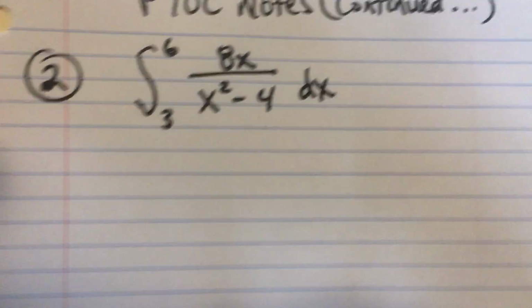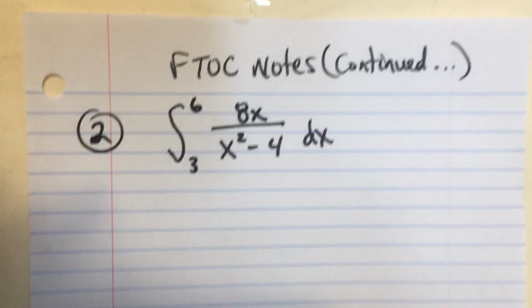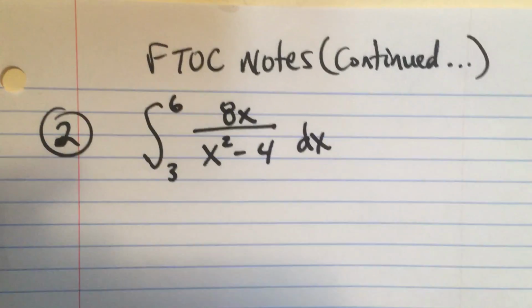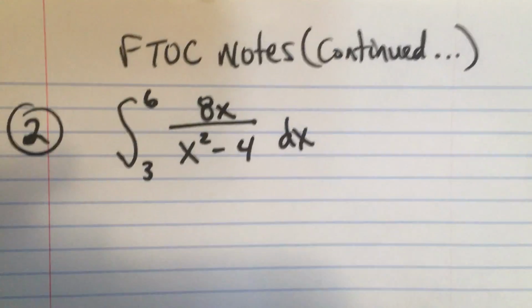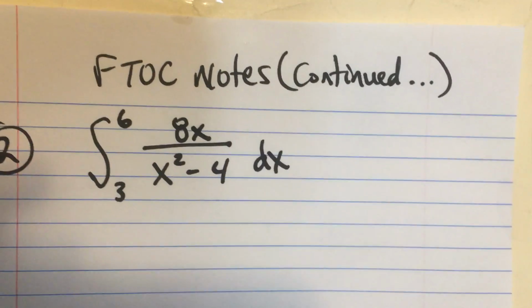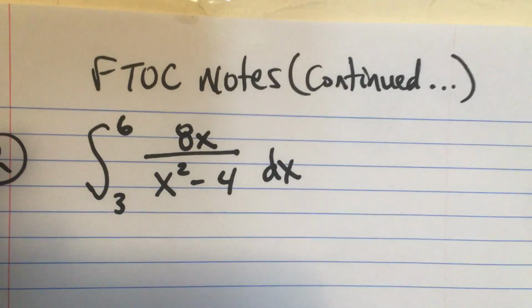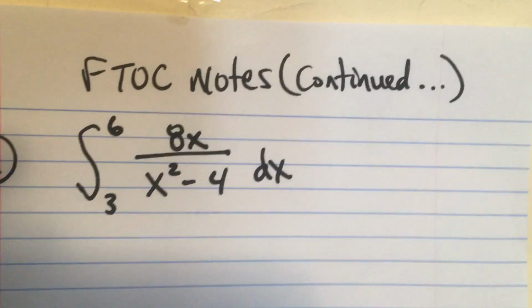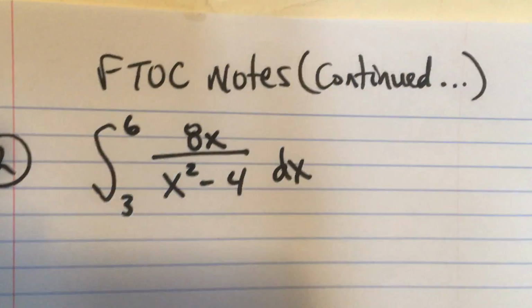All right, let's go on to number 2. We have the integral of 8x divided by x squared minus 4 from 3 to 6. Notice that we have an x squared. If we take a derivative, we get 2x. So we have an x squared in the denominator and an x in the numerator.